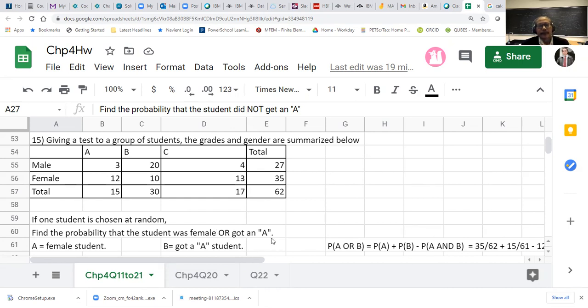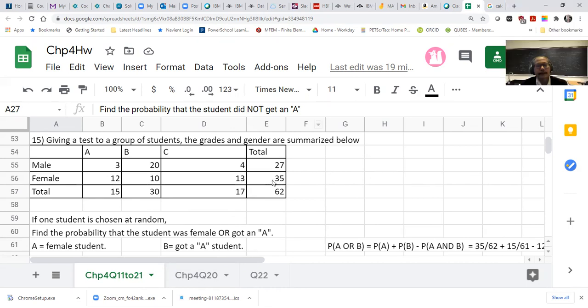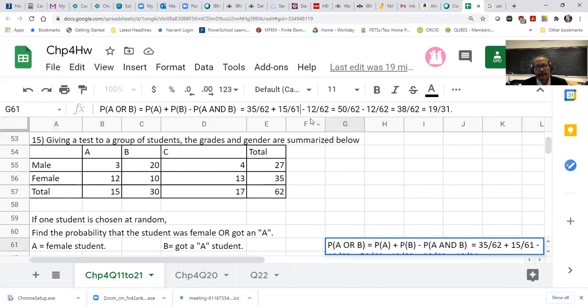So you can see here the answer is 35, the number of female divided by the total, and the ones who got A is 15, so plus 15 over 61. I think this one should be 62. Okay, I think I made a mistake here. This one should be 62.